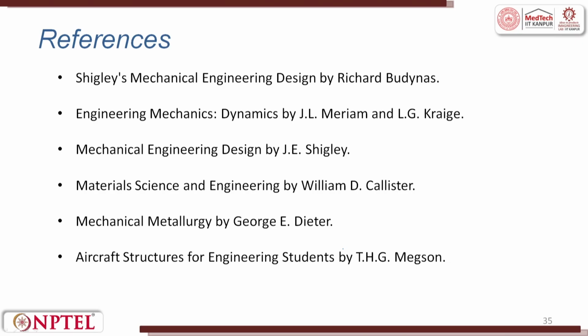Finally, we saw with an example that there has to be a trade-off between factor of safety, degrees of freedom and endurance limit. These are the reference books which we have used for preparing this lecture material.